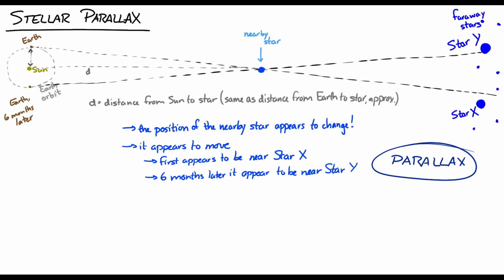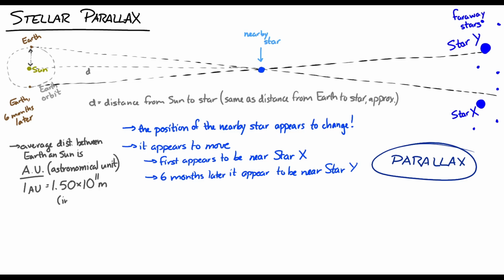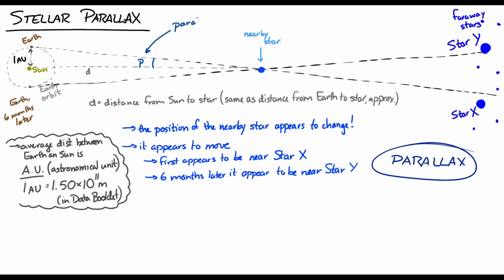And the average distance between the Earth and the sun is called an AU, an astronomical unit. It's about 1.50 times 10 to the 11 meters, which is given in your data booklet. And then here there's an angle. And this angle right here, we're going to define as the parallax angle.